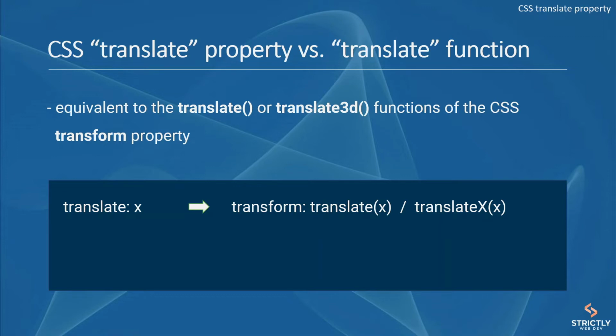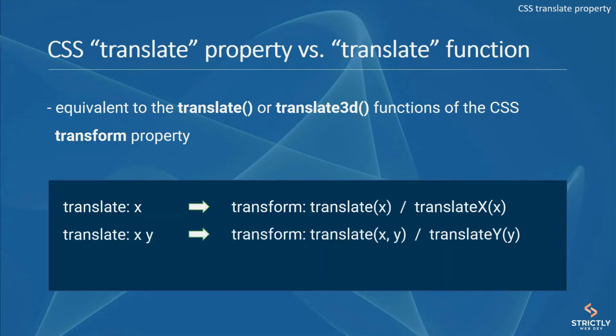I hope I'm not confusing you here, but you can see on the screen what I'm talking about. For translate X Y, so this is when we have a value for both the horizontal and vertical offsets, this is equivalent to the transform translate X Y.